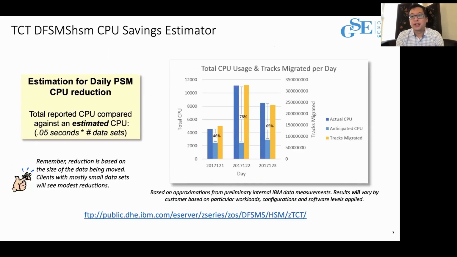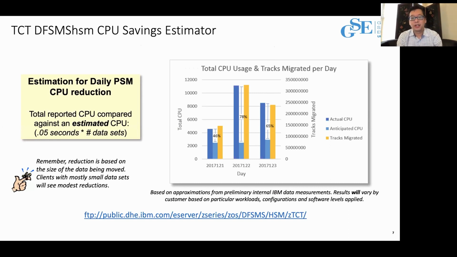For those of you who are HSM users, we do have a tool out currently today, with links at the bottom. We can take your existing production SMF data without modifying anything, pull that SMF data, run it through this tool, and give you an estimate of what percentage of CPU savings you can gain by moving to transparent cloud tiering.